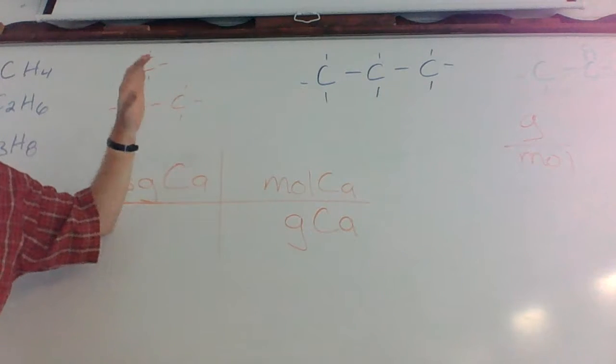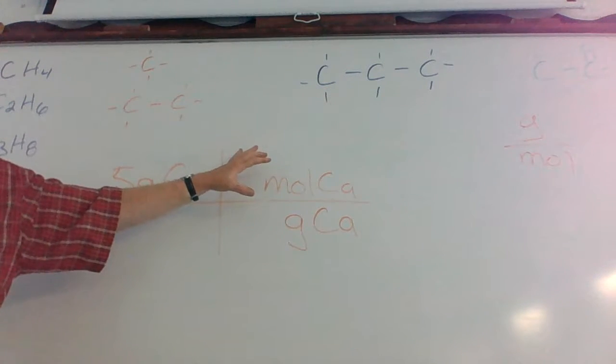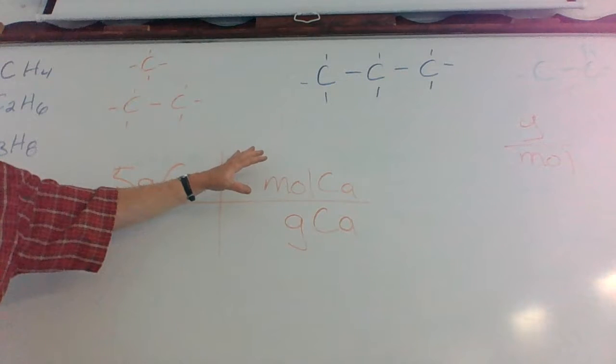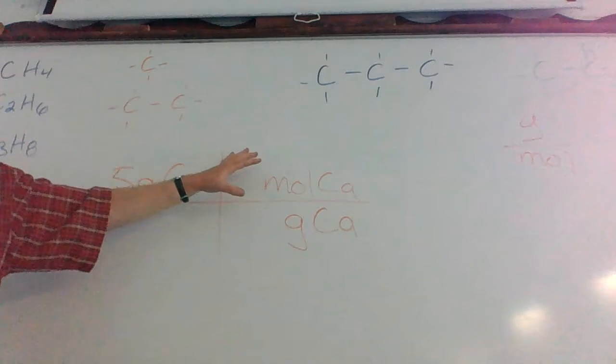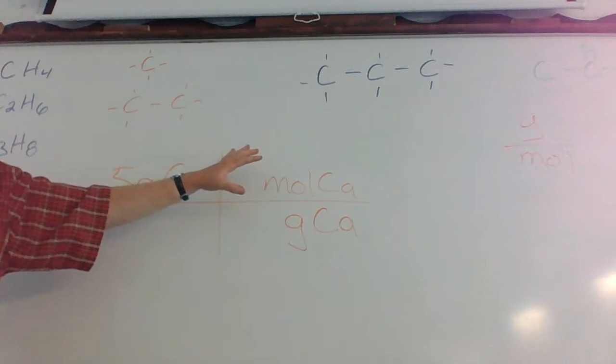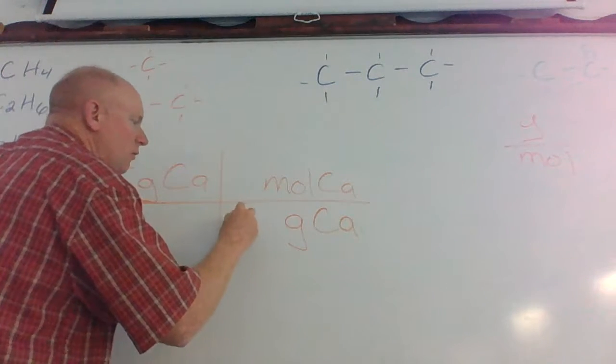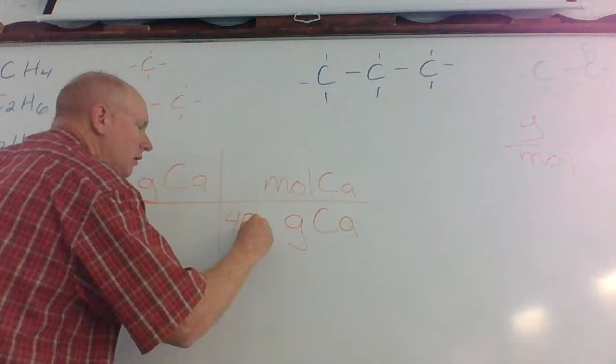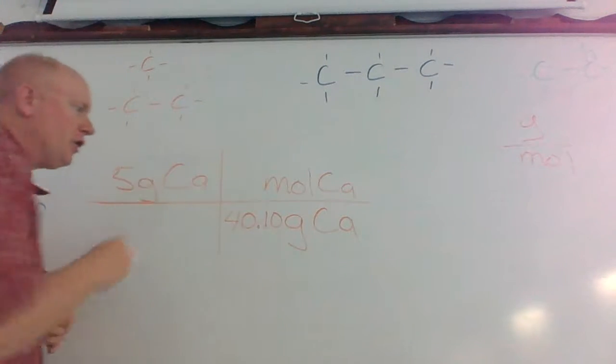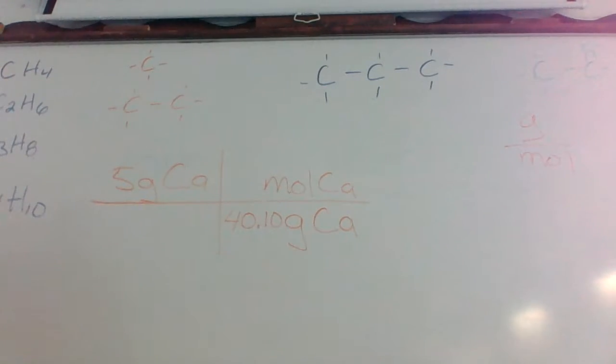So the molar mass for calcium would be how much? Look at element number 20 over there. 40 point, is it 01 or 10? Okay, so that is the molar mass, or the atomic mass, for calcium.